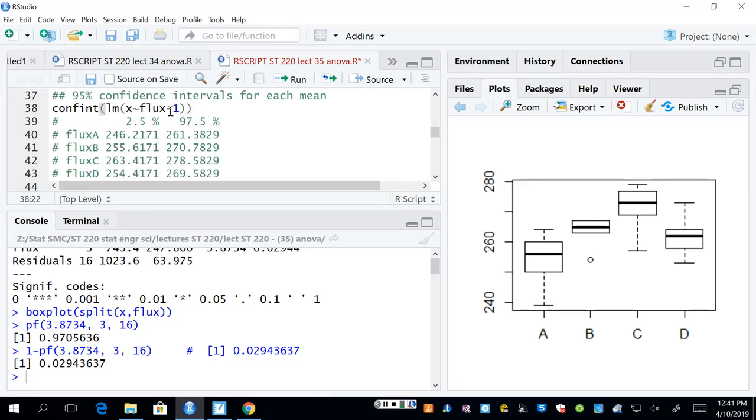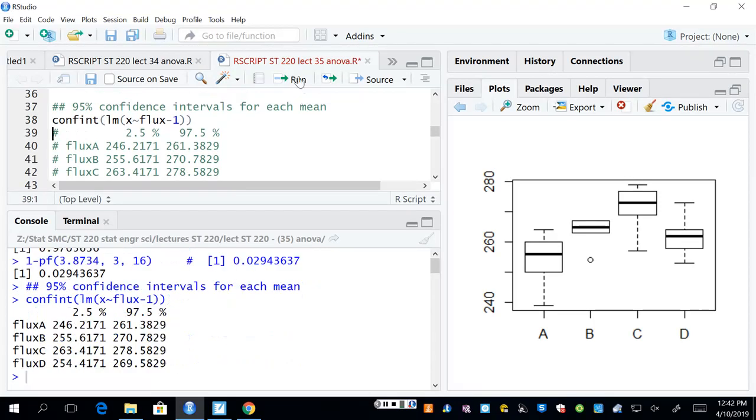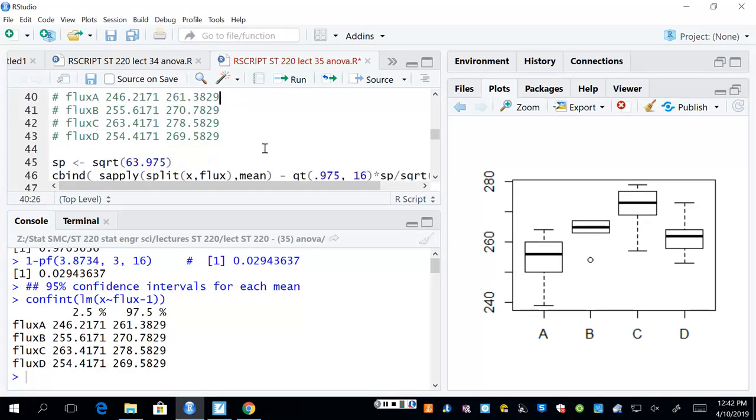And this little -1 in here means don't estimate a separate intercept. So with linear models, if you need to describe 4 groups, you can give the overall average and 3 deviations, and that gets everything. Or you can give all 4 averages. And this is a little coding syntax to make this work out. But anyway, there are 4 intervals there. So you run that, it does that.